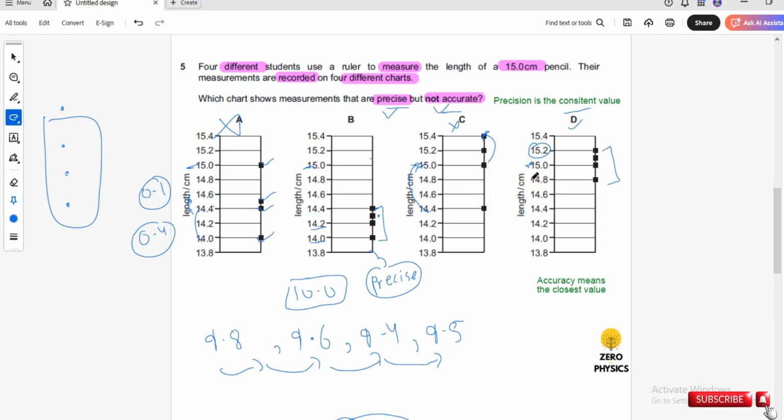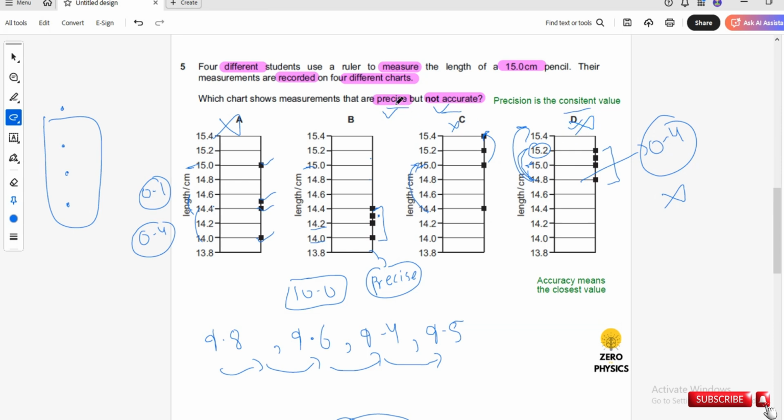Also, the difference between 14.8 and 15.2 is 0.4, which is too much, so they are not precise, but you can say they are accurate.